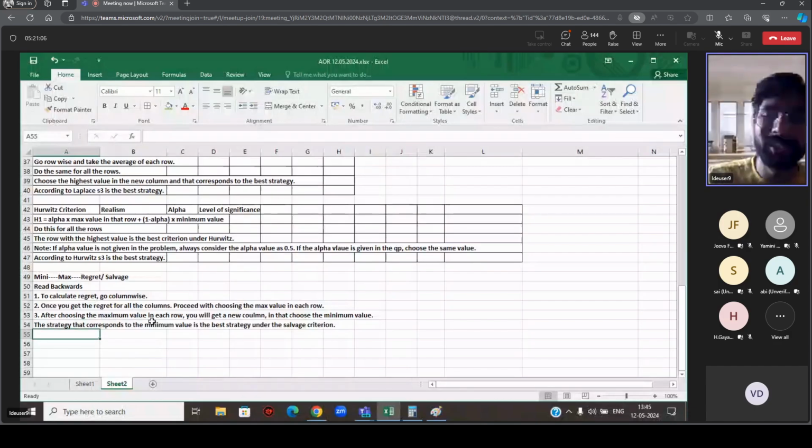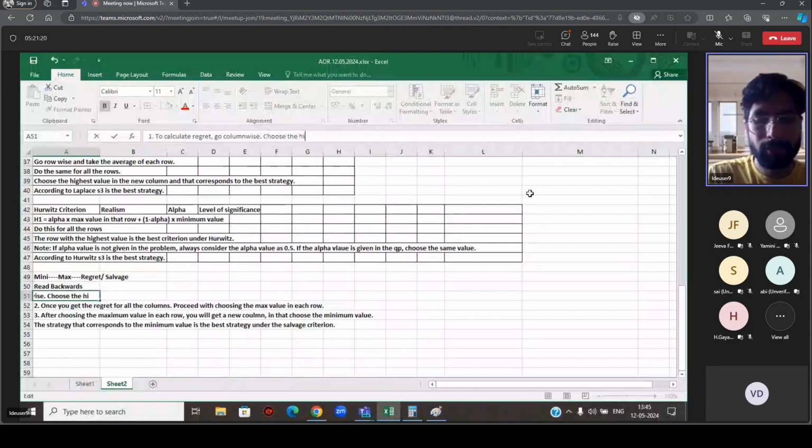உங்களுக்கு ஒன்னும் புரிஞ்சிருக்காது. If I solve the problem, you will understand. Okay. Read backwards. To calculate regret, go column wise. இது நீங்க என்ன பண்ணனும்னா, choose the highest value and deduct the other values from this highest value.